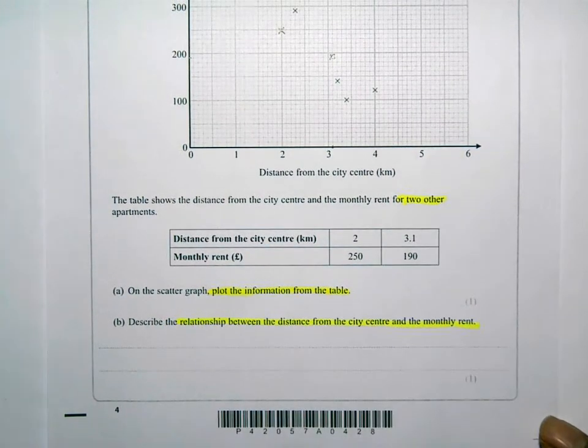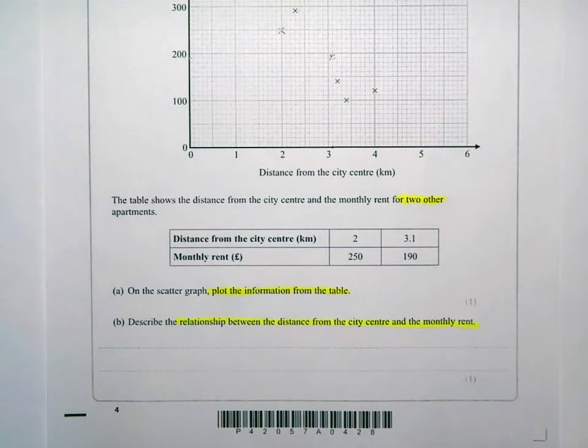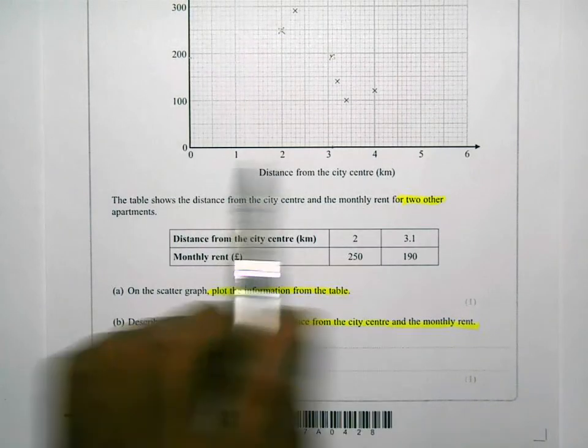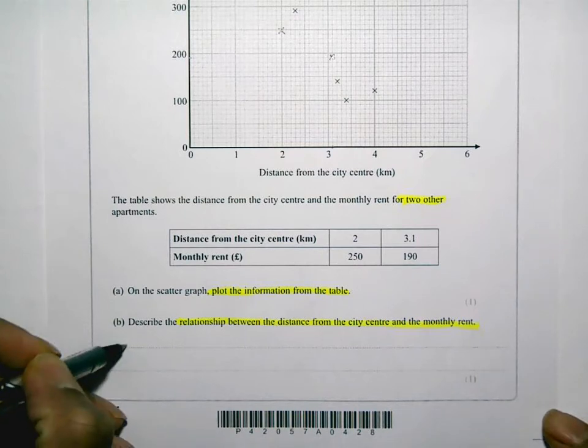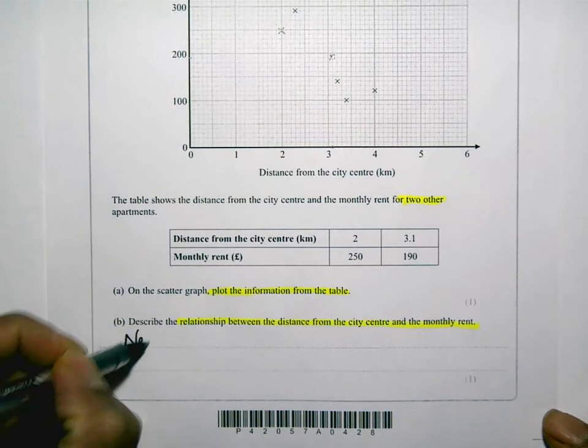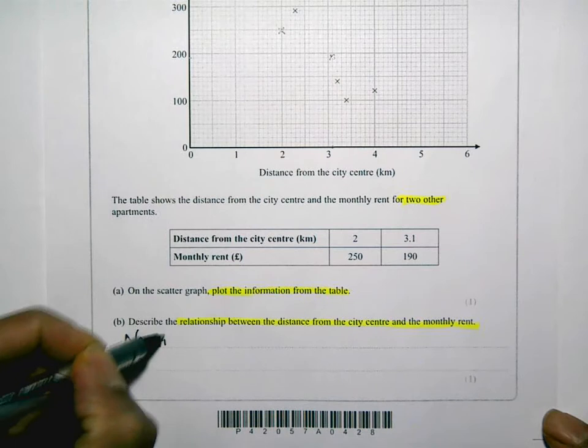Now, I checked the mark scheme for this because you could write a sentence to say something like, as the distance from the city center increases, the monthly rent decreases. So I could write that sentence, or I could simply put there's a negative correlation.